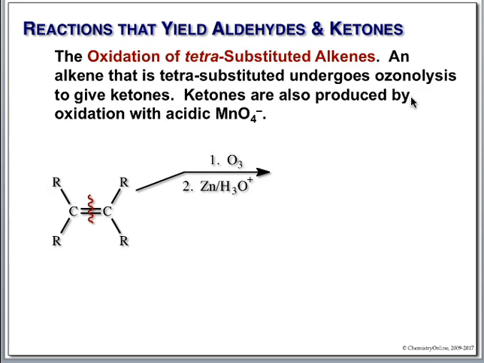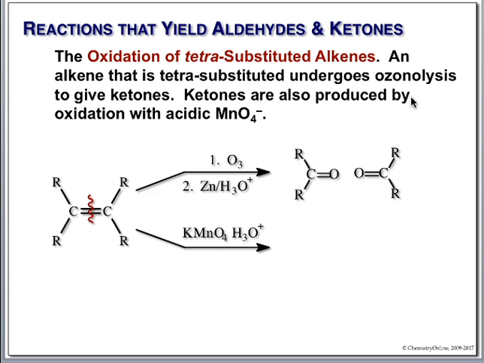If we want to split a substituted alkene, we can do this with ozone, again with zinc dissolving metal reduction, and we wind up with 2 ketones. We could also do this using potassium permanganate.